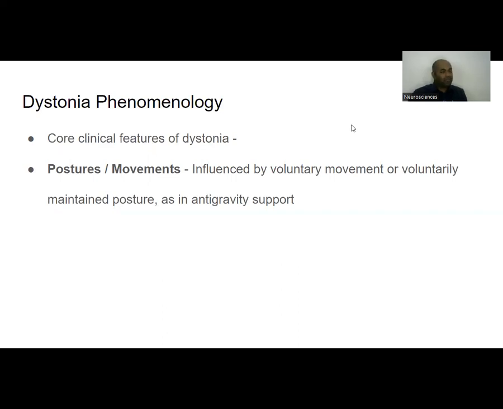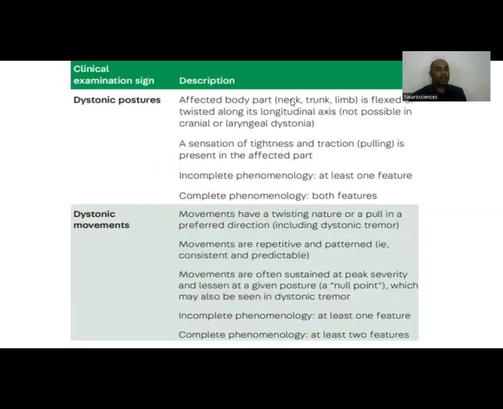Let's come to the dystonia phenomenology. As discussed in the definition, the core clinical features of dystonia are dystonic postures or movements. These are influenced by voluntary movements or voluntary maintained postures, as in anti-gravity support. Dystonic postures affect the body part, like neck, trunk, or limb, which is flexed and twisted along its longitudinal axis.